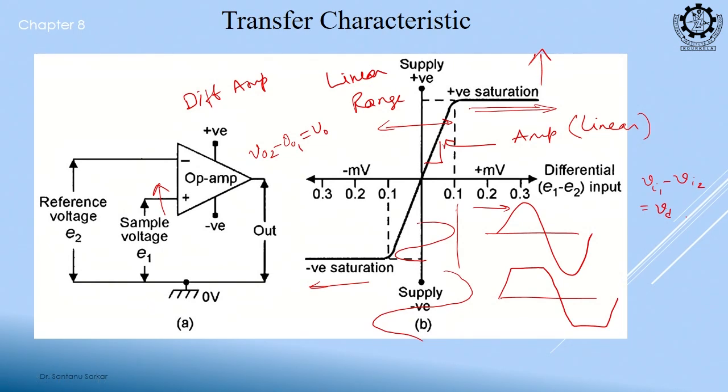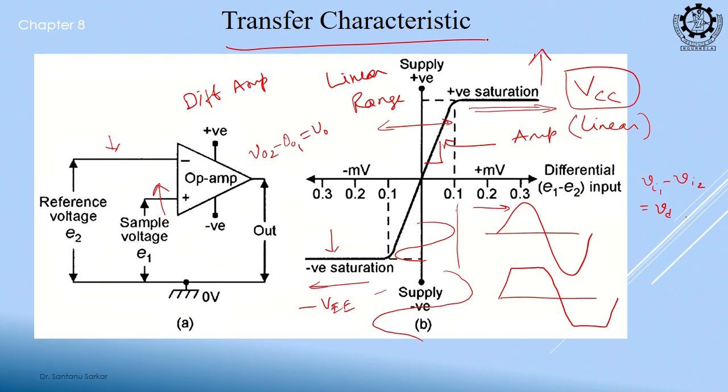The output will increase and sometimes it will latch to plus VCC. Similarly, think the opposite way, that I am increasing the negative voltage. So, Vd is decreasing, output is also decreasing, but there is a limit. After a certain range, it will saturate to minus VCC. Agree? So, this is my transfer characteristic.